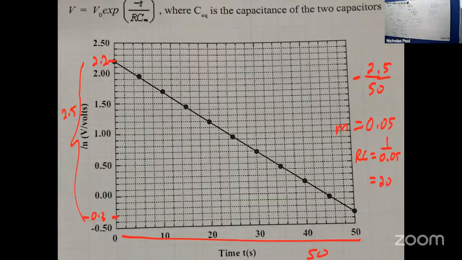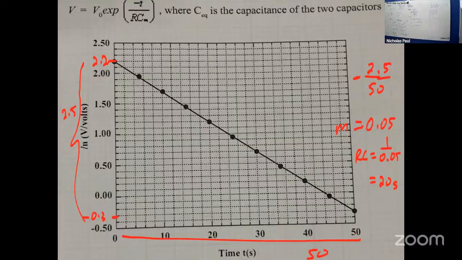What's the unit? Second. 20 seconds. What's the definition for RC again? Resistance times capacitance. Definition: time taken to reach what? 1 on e of the original value.